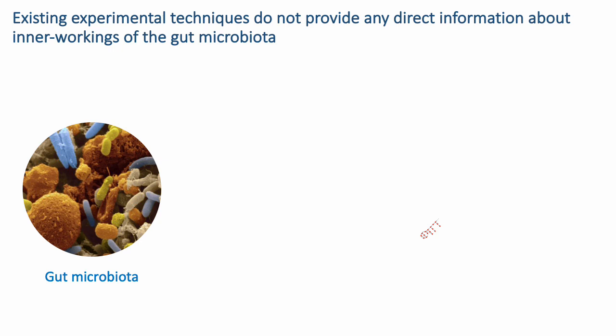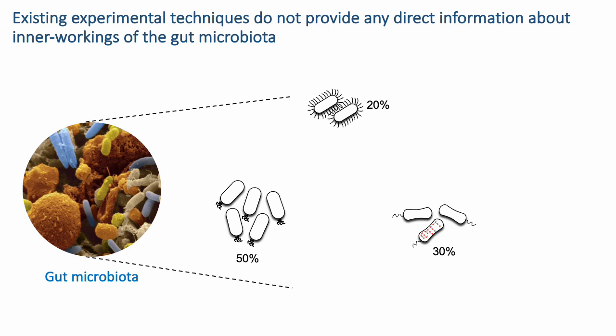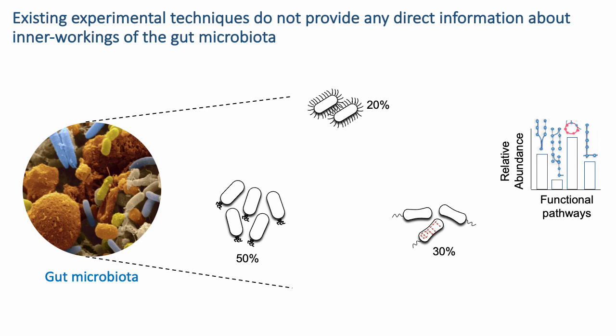For example, by using metagenomics, which is the state-of-the-art technology for microbiome profiling, we are able to determine the microbes that are present in a sample and their relative abundances, or to determine the functional pathways that are encoded by the metagenome and their relative abundances. Likewise, by using metabolomics, we can determine the metabolites that are present in the sample and their abundances.